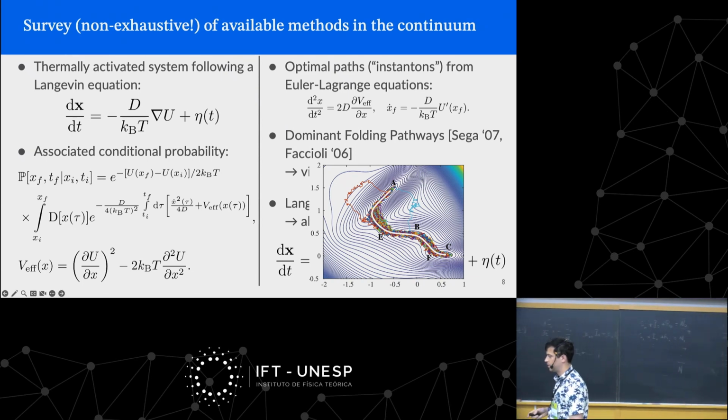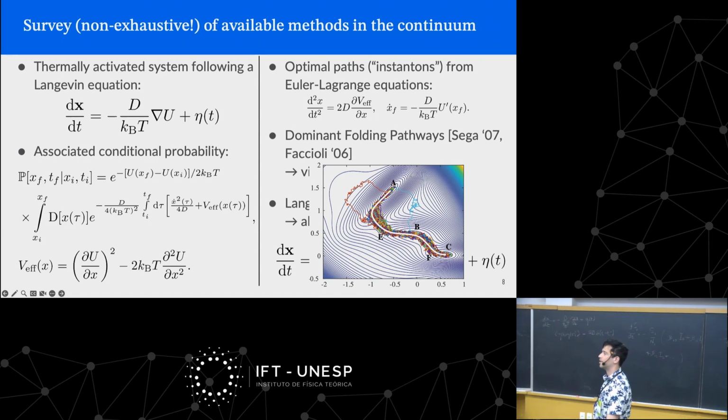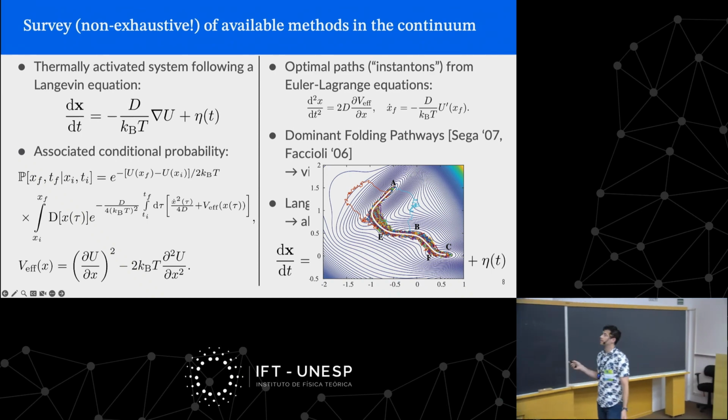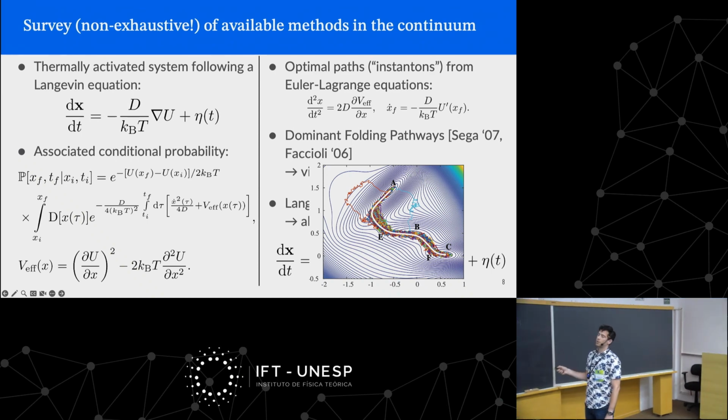So these are examples of Langevin bridges that you would get. This is a landscape you'll see later, so I'm not going to pay too much attention to it, but you would have in white the dominant path or the optimal path, and the colored ones correspond to realizations of those Langevin bridges.